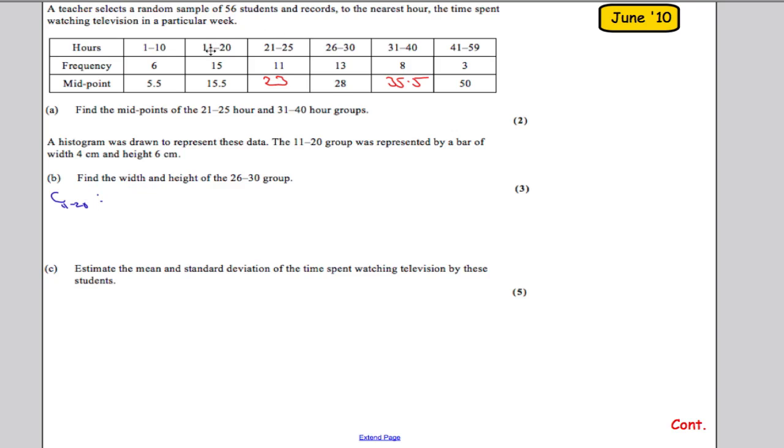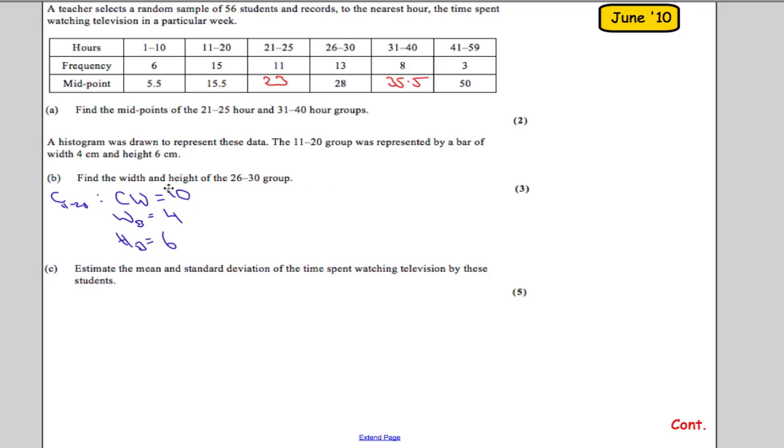The class width for that group: the lowest bound is 10.5, the highest bound is 20.5, so the class width is 10. The bar width we're given to be 4, and the height of the bar equals 6. So the class width is 10 and the bar width is 4.